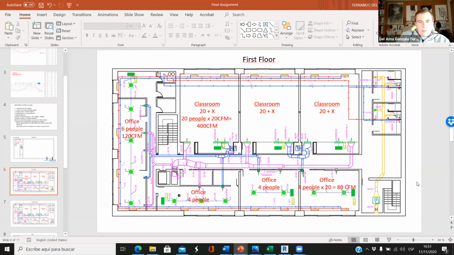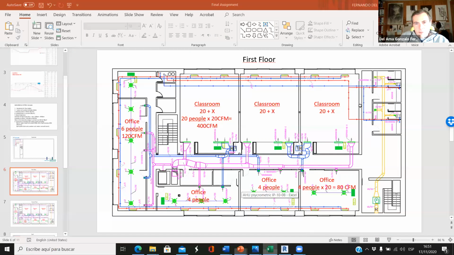Okay, so how many classrooms do we have? 6. So the total CFM, it's 6 classrooms times 400. So this is 2,400.